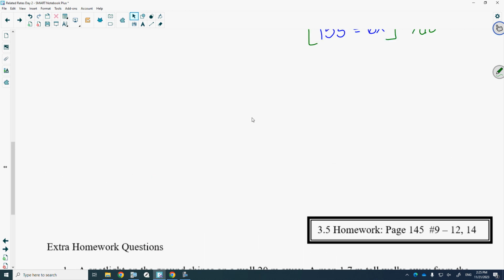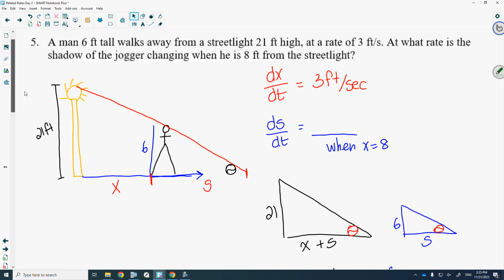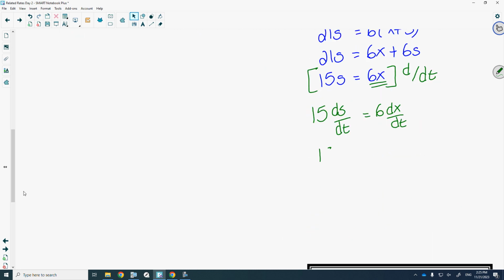The derivative of 15s is 15 ds/dt, and that's equal to the derivative of 6x, which is 6 dx/dt. I'm solving for ds/dt, and I know dx/dt is 3. So 15 ds/dt is equal to 6 times 3.